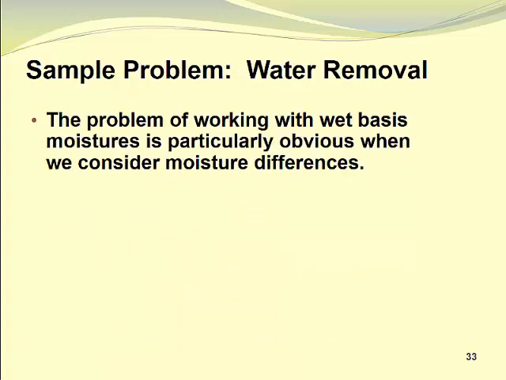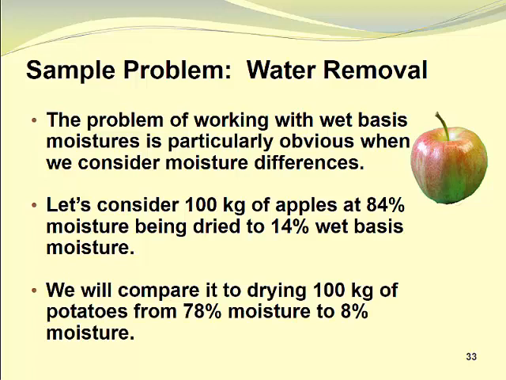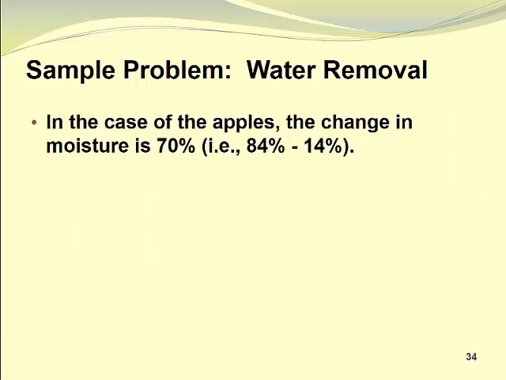The problem of working with wet basis moistures is particularly obvious when we consider moisture differences. We're going to consider 100 kilograms of apples at 84% moisture being dried to 14% wet basis moisture. Then we will compare this to drying 100 kilograms of potatoes from 78% moisture to 8% moisture.